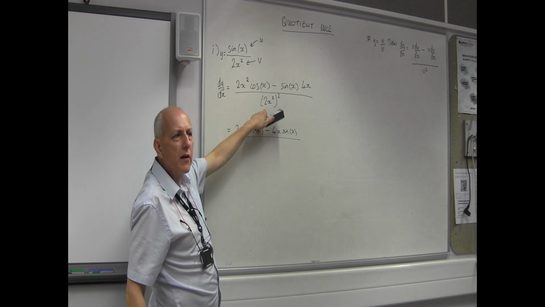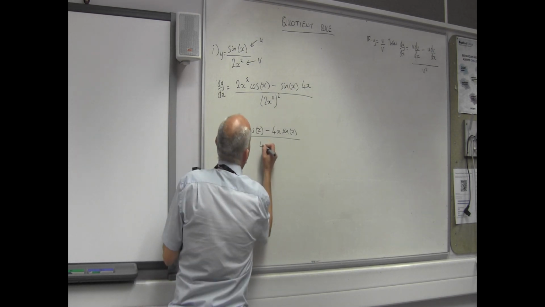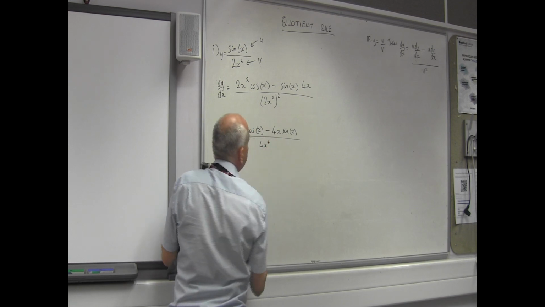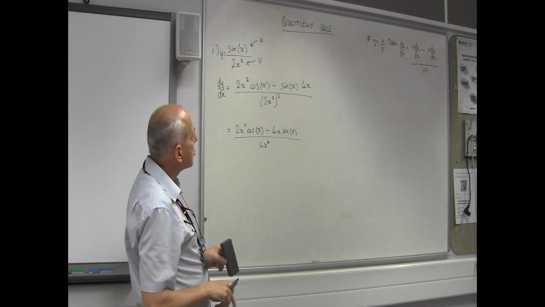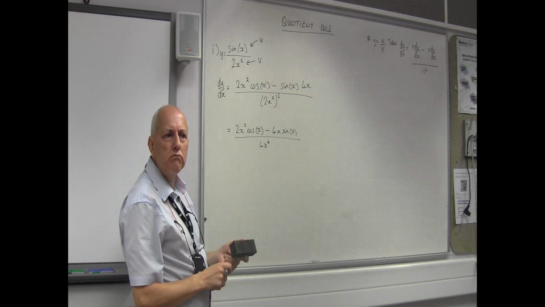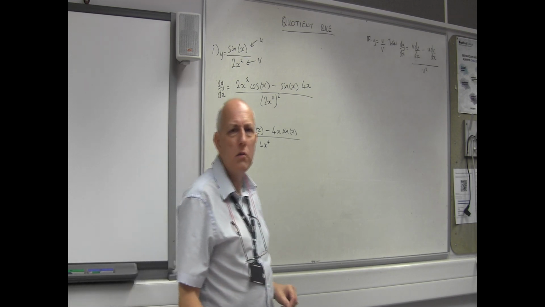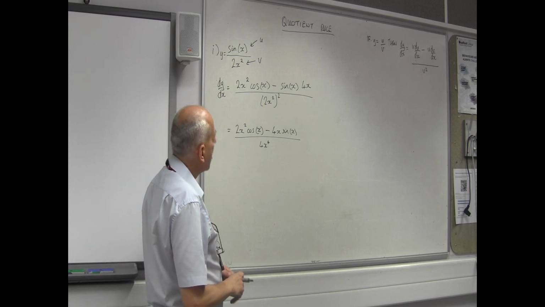Not if I squared it out, but if I distribute it out. Say again? 4x to the 4, yeah. Perfect. Okay? So there's not much more I can do with that. Sometimes you can do a bit more simplifying and rearranging, but not on this one. Okay? Move on.